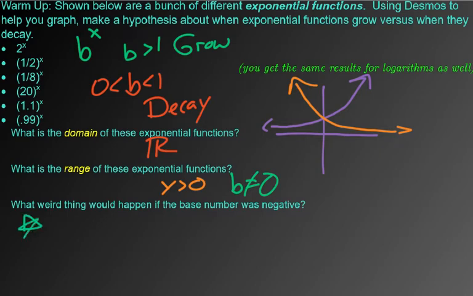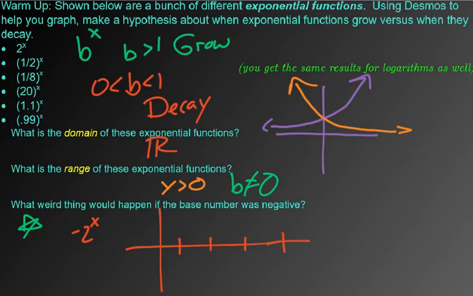And there's also something weird that happens if the base was negative. You can't get it down here because you don't have a negative number to a power. And that's because if you took negative 2 to the x, okay, let's just map this out. 1, 2, 3, 4.